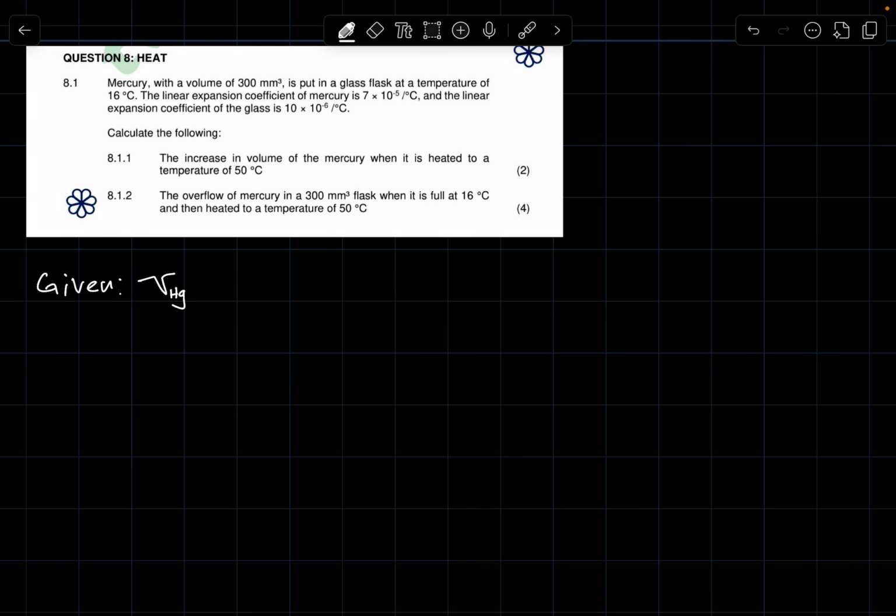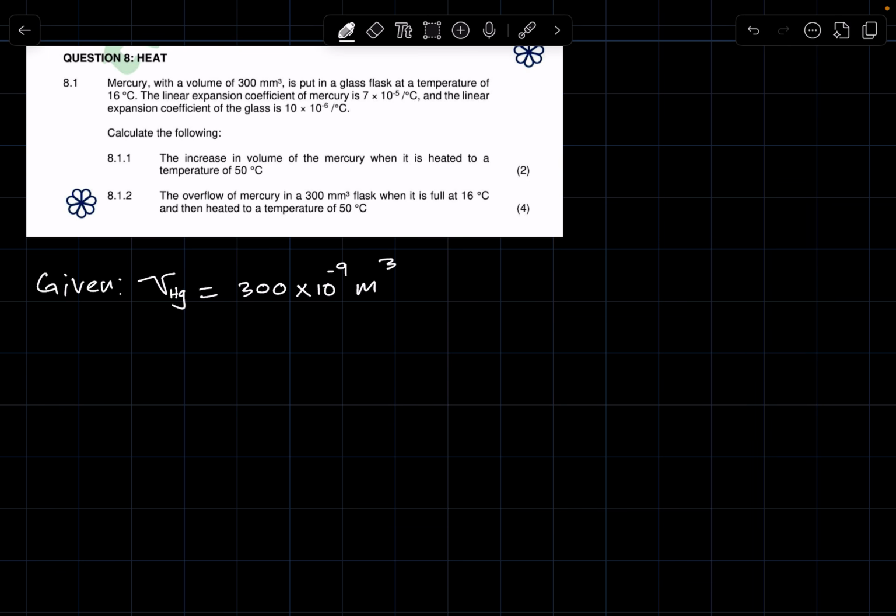V Hg is equal to 300 times 10 to the negative 9 cubic meters.